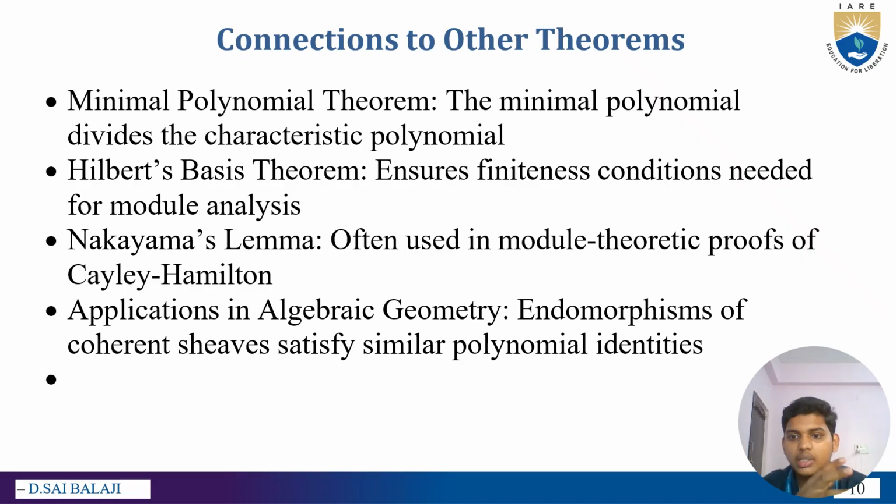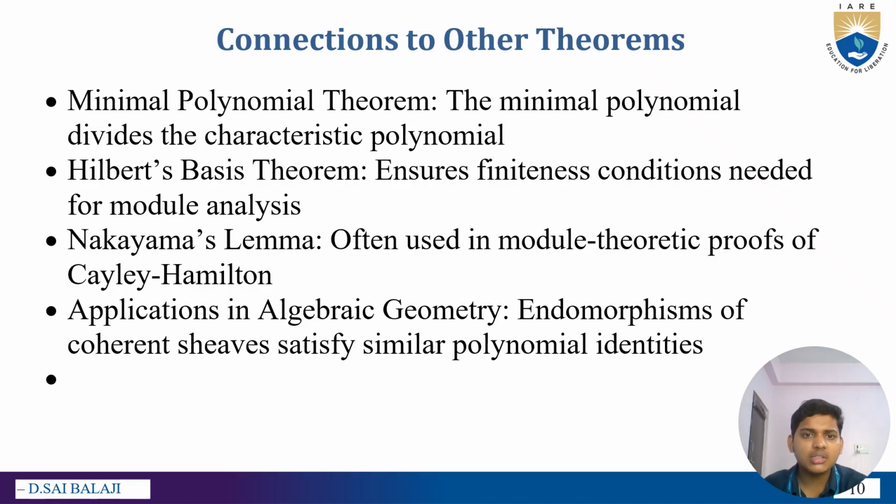Also, connections to other theorems: how the Cayley-Hamilton theorem connects to other theorems, how it is applicable. The minimal polynomial theorem says the minimal polynomial divides the characteristic polynomial. From there on, the Cayley-Hamilton theorem takes on the problem. And also Hilbert's basis theorem. I don't know exactly about this theorem, we have not discussed it yet, but it ensures the finiteness conditions needed for module analysis.